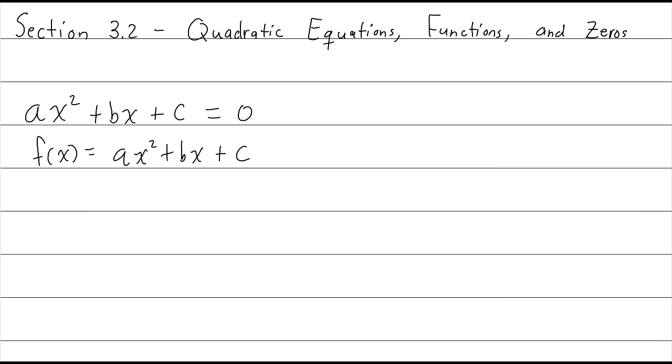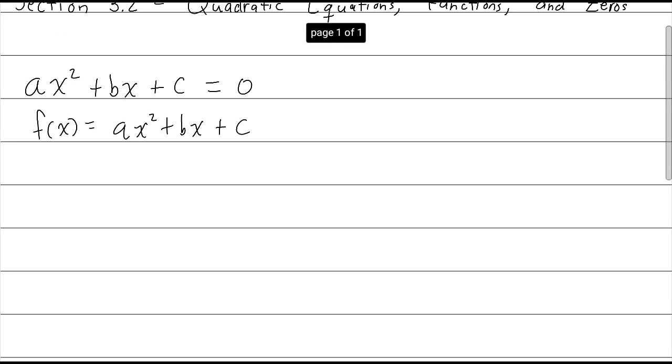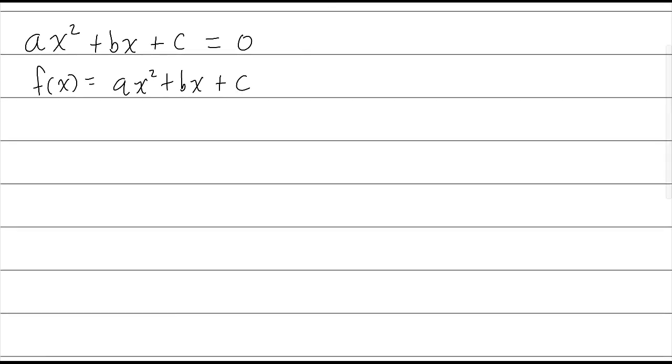And something else I want to talk about real quick. These are a couple of principles that are important for solving equations. Okay, so the first one we'll call the principle of zero products, or the zero product principle.